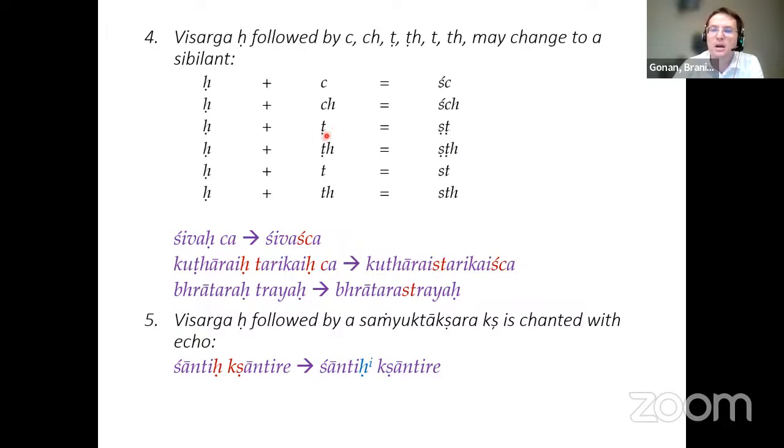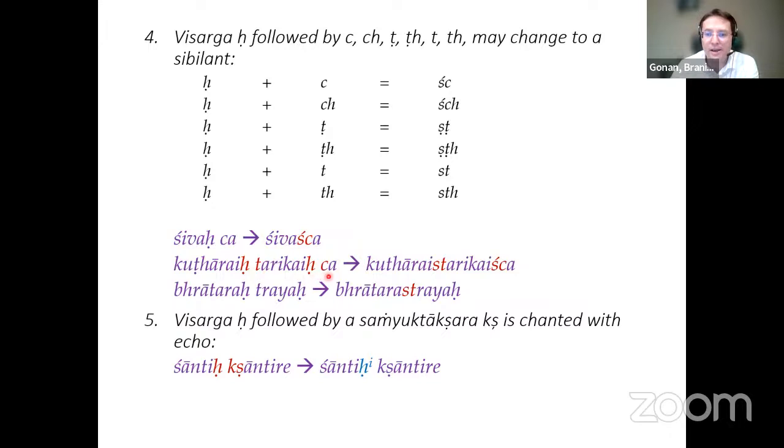Because this is retroflex or cerebral, the fricative follows the place of articulation of the following consonant. Then Visarga plus dental t becomes st. I think this is very common: shivah plus cha, shivash cha.